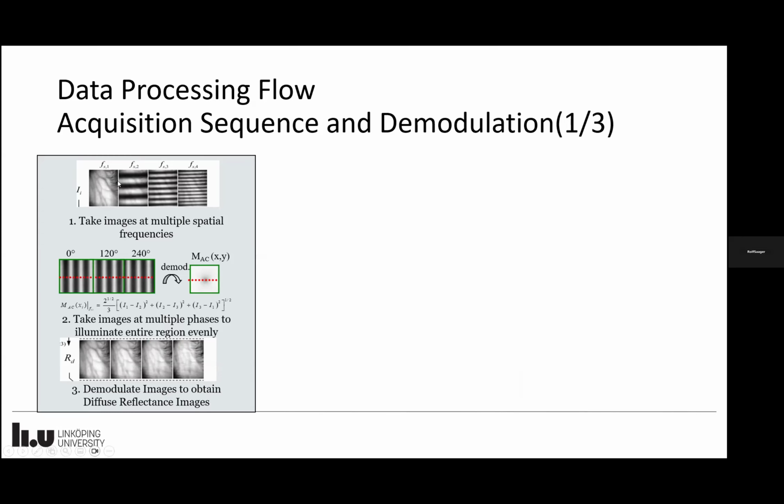Again, we start with plane illumination. That's a spatial frequency of 0. And then slightly higher and higher spatial frequencies. So it's usually a sequence. And at each of these spatial frequencies, we actually collect by shifting it to 3 different phases.